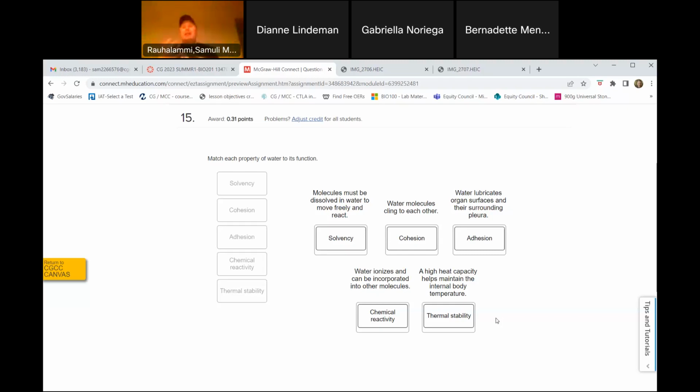So similarly, in the body, we can use water, and most of our blood is made of water, to transport heat from one body part to another. For example, at the gym, when you exercise, your muscles are doing work, converting chemical energy into movement.